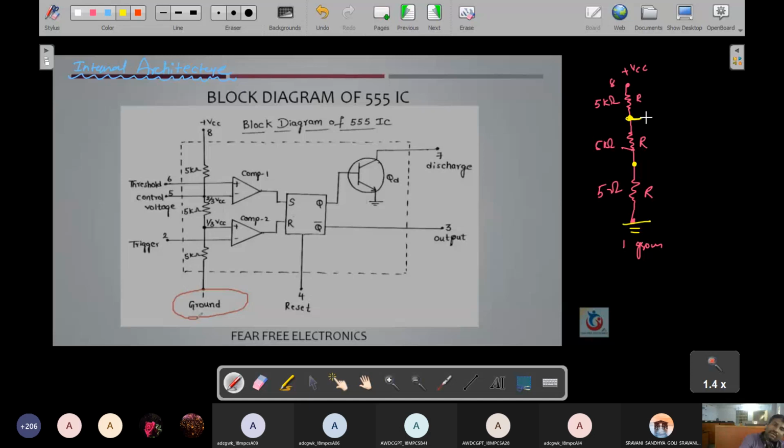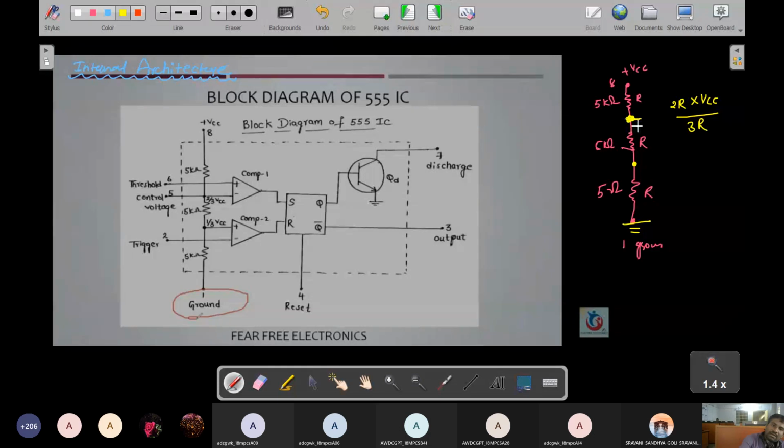Two resistors. So it is two resistors into the power supply, that is VCC, divided by total resistance. Total resistance is R plus R plus R, that is 3R. So this is the calculation.